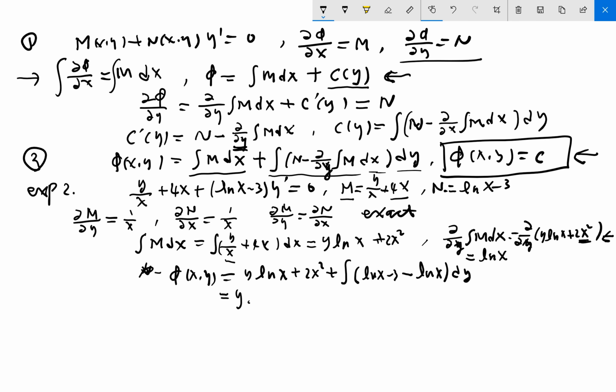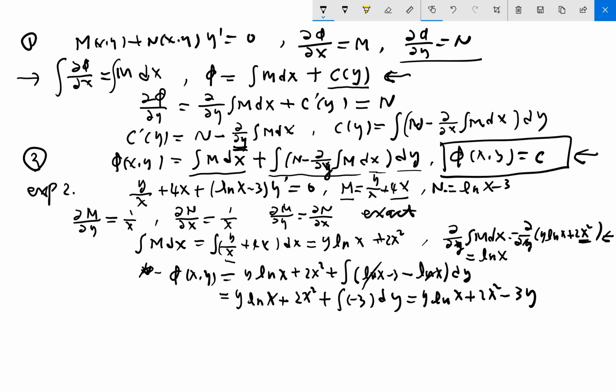Okay, so let's simplify this. Give you y ln x plus 2x squared. Then ln x cancels with ln x. Give you minus 3 dy. So give you y ln x plus 2x squared minus 3y.